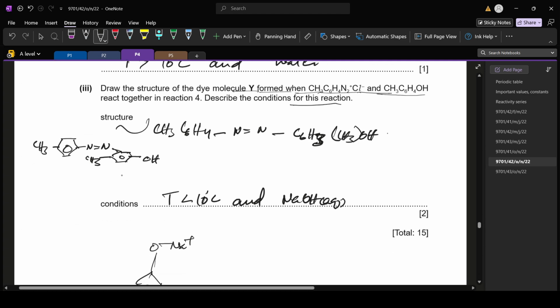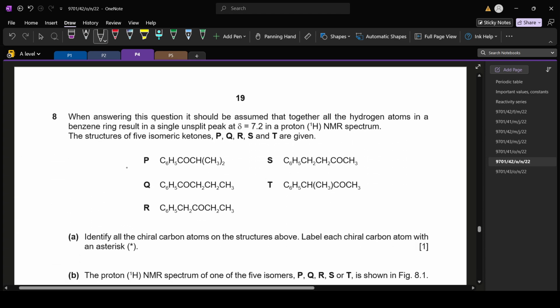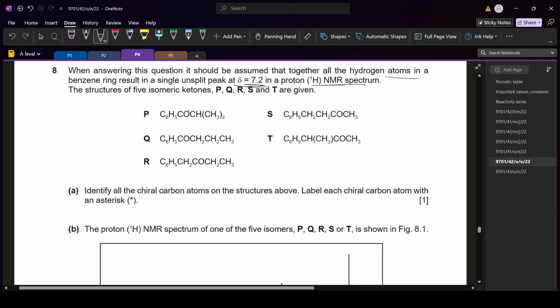Okay, now moving towards question number 8. When answering this question, it should be assumed that all the hydrogen atoms in the benzene ring result in a single unsplit peak in the proton NMR spectrum at a chemical shift of 7.2.